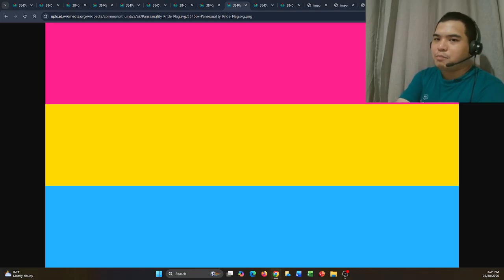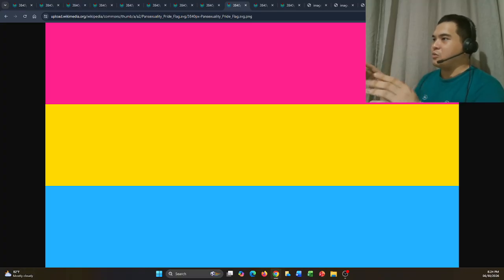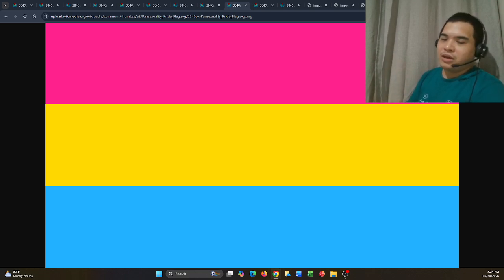And finally, pansexual. Now, this is pansexual. It uses the same flag design as the bisexual flag, except the difference here is we have a yellow bar, a feminine color, and a masculine color. According to Google right here, pansexual refers to romantic, emotional, or sexual attraction to people regardless of their gender identity or biological sex.